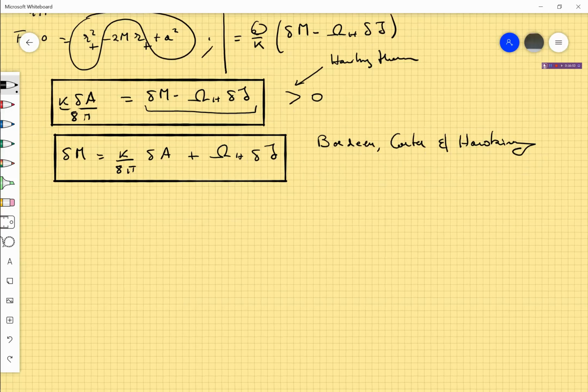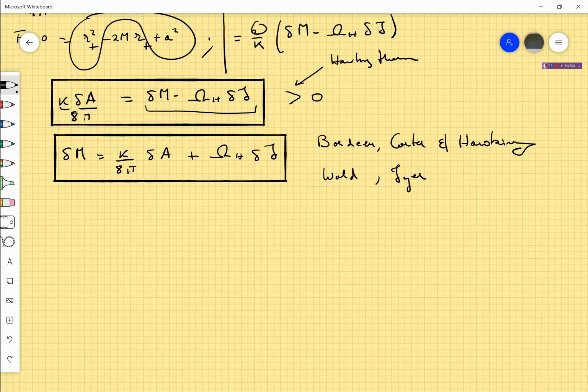Also, I have to say that this law was also proven in more general cases. Regarding Carter and Hawking, they made use of the Einstein equations. So a generalization of this law was proven by Wald and collaborators, so notably Iyer. So they proved that in general the variation of the energy would be of this form.